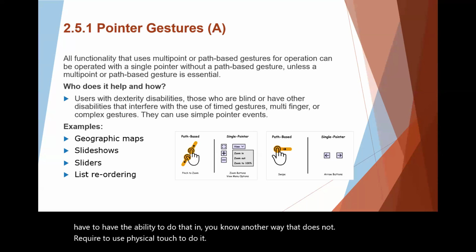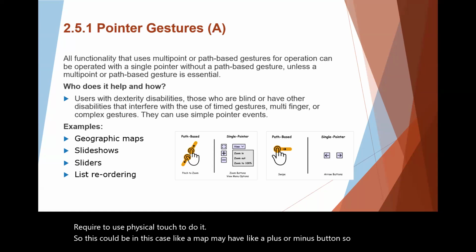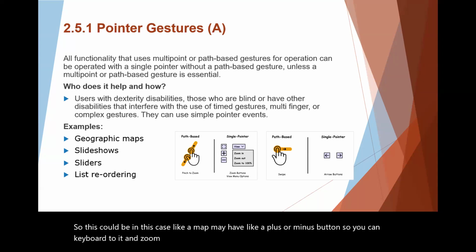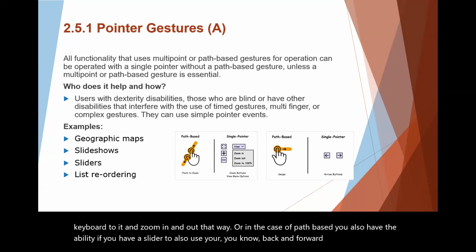So in this case, a map may have a plus or minus button, so you can keyboard to it and zoom in and out that way. Or in the case of path-based, if you have a slider, you also have the ability to use your back and forward keys to slide along a path, for example.